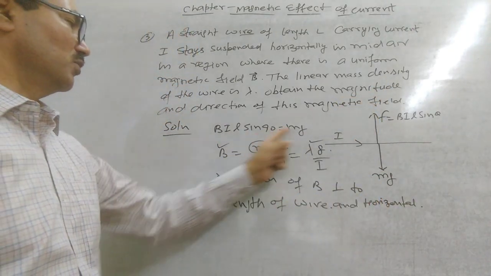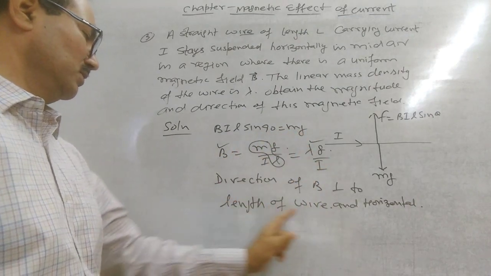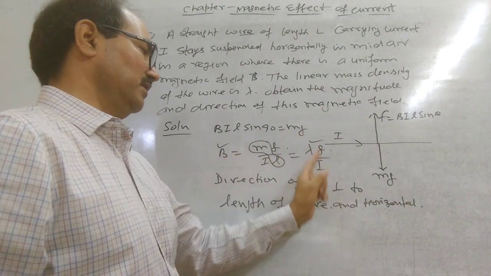Therefore both are equal, B is equal to lambda g upon I.